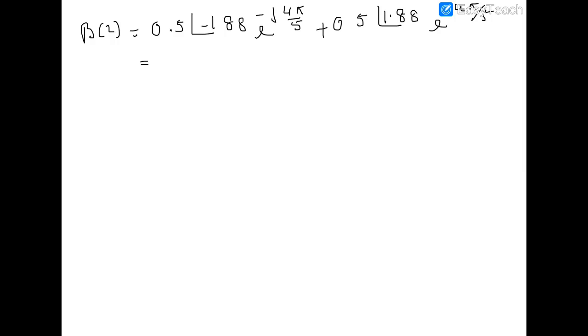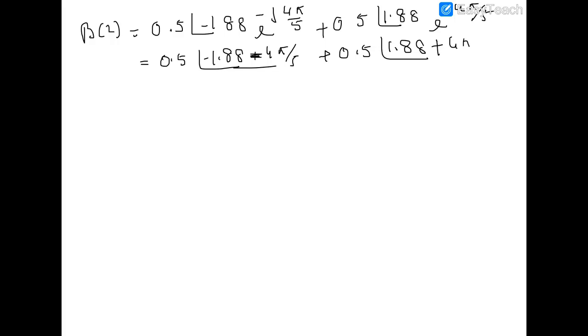So further you can simplify this as minus 1.88 angle plus 4 pi by 5, and here it is 0.5, 1.88, here it is minus, here it is plus.